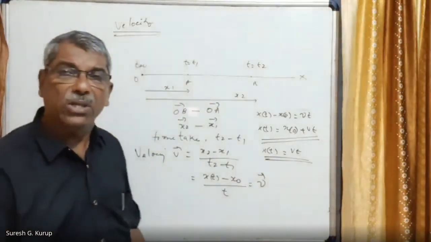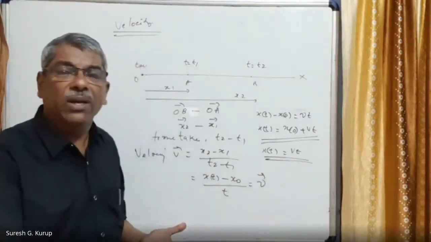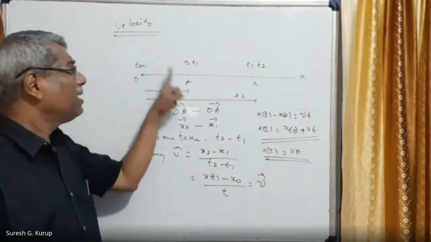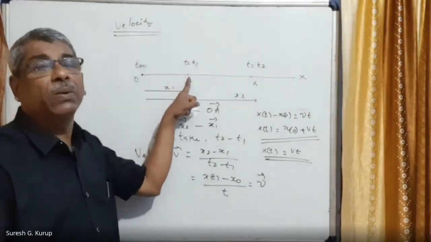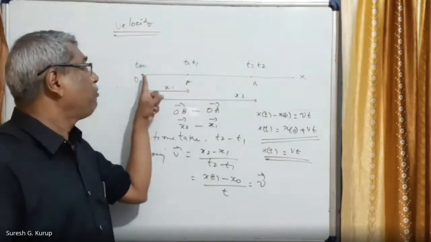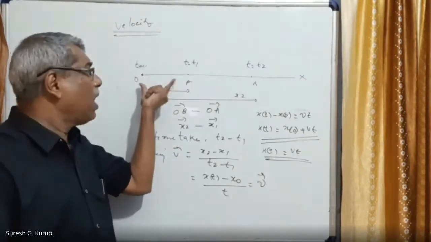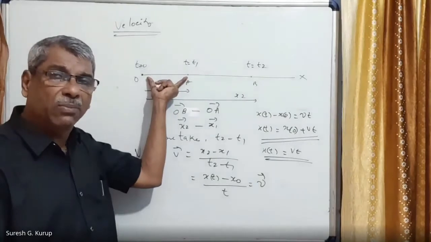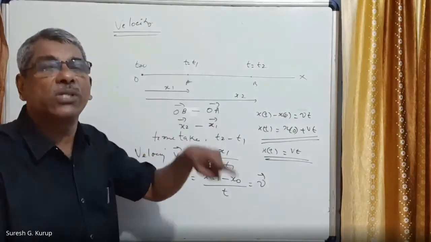So if the body is not executing its motion from the origin, but starts from A, where A is away from the origin, then already the body has some displacement. This is the displacement of the body at t is equal to 0 seconds.